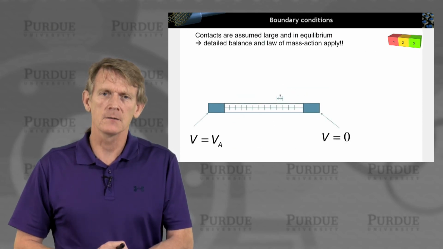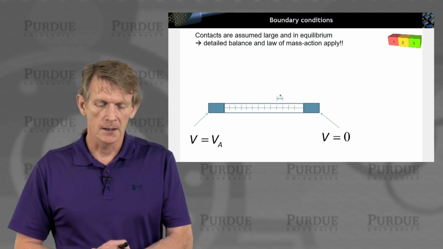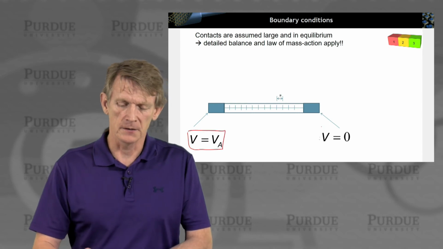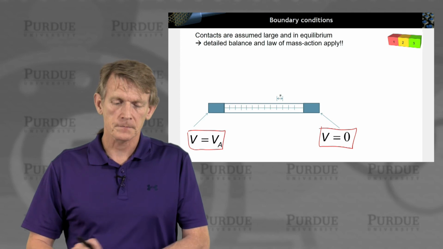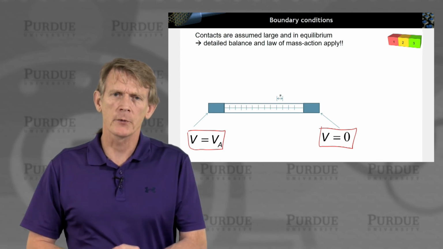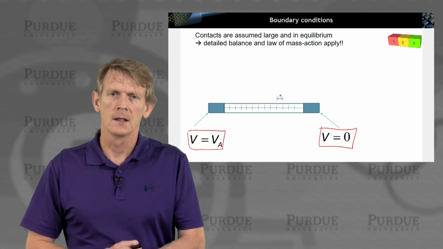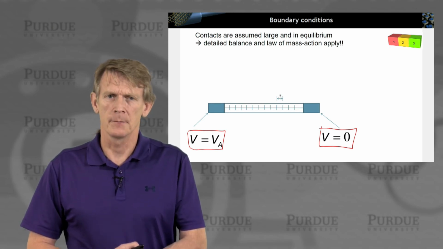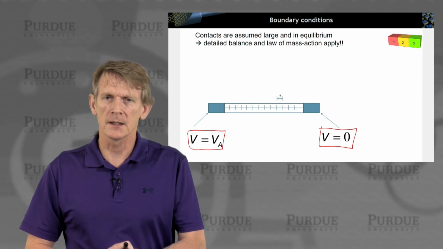At the end, again, you need to impose some boundary conditions. And these boundary conditions exist on the edges of this one-dimensional system. And typically what we assume here is that these boundaries are in some detailed balance. They are in equilibrium imposed by, say, a metal contact or otherwise.